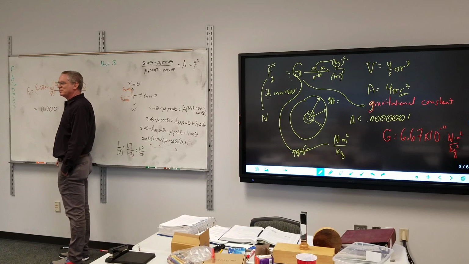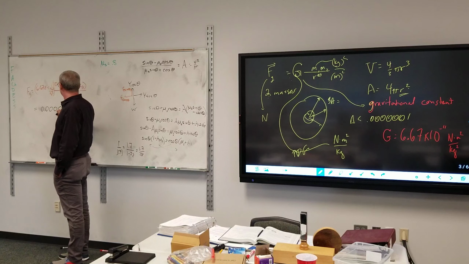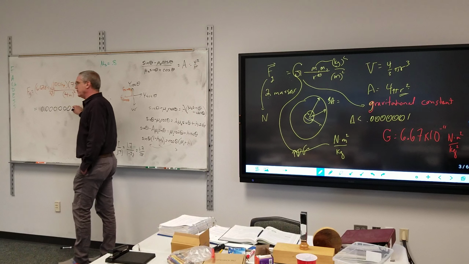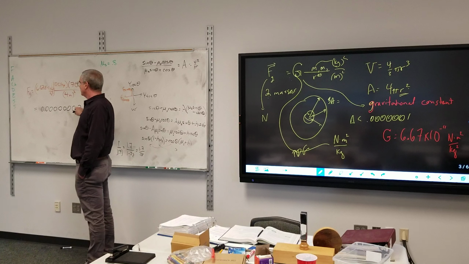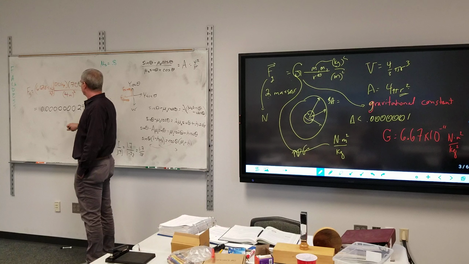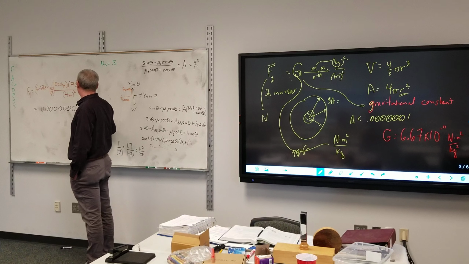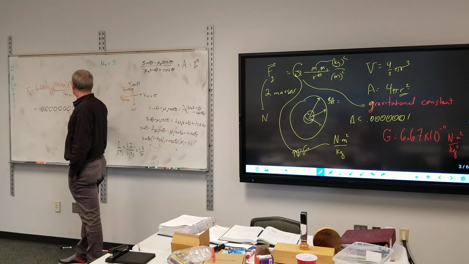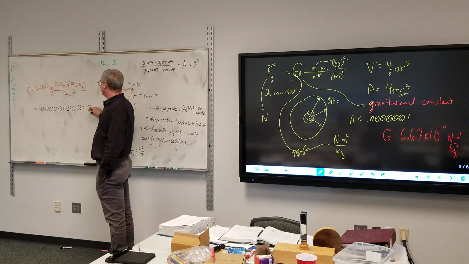How many zeros was that? 7. And then 29? 2918. Yeah, I got 2.91 e to the negative 8. Yep. Units?